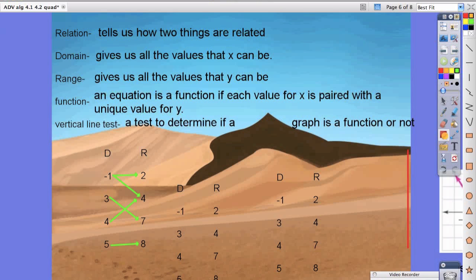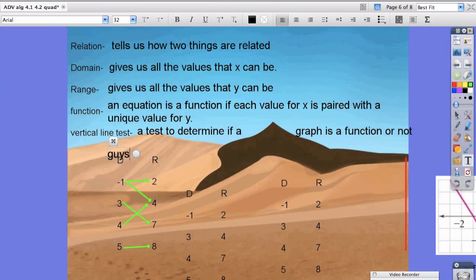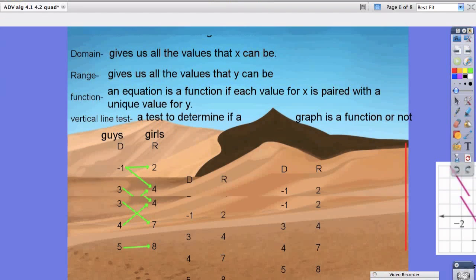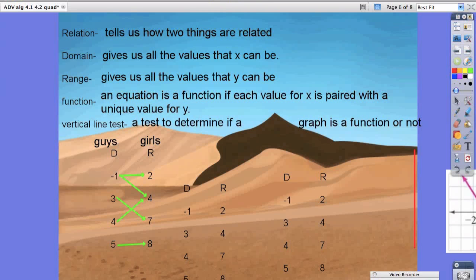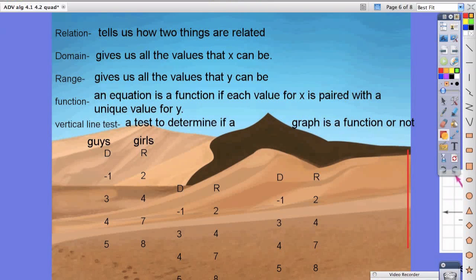The analogy I use is, pretend our domain are the guys and our range is the girls. As we go through this process, each guy is paired with one girl.